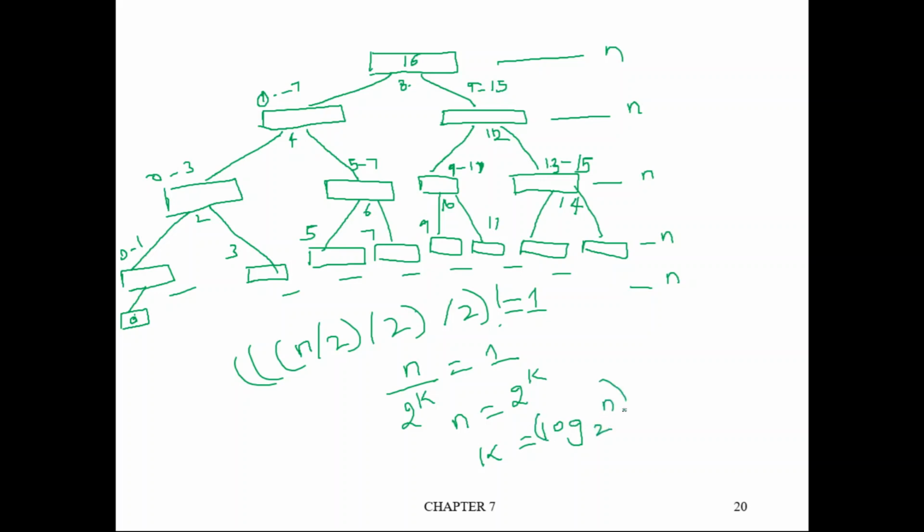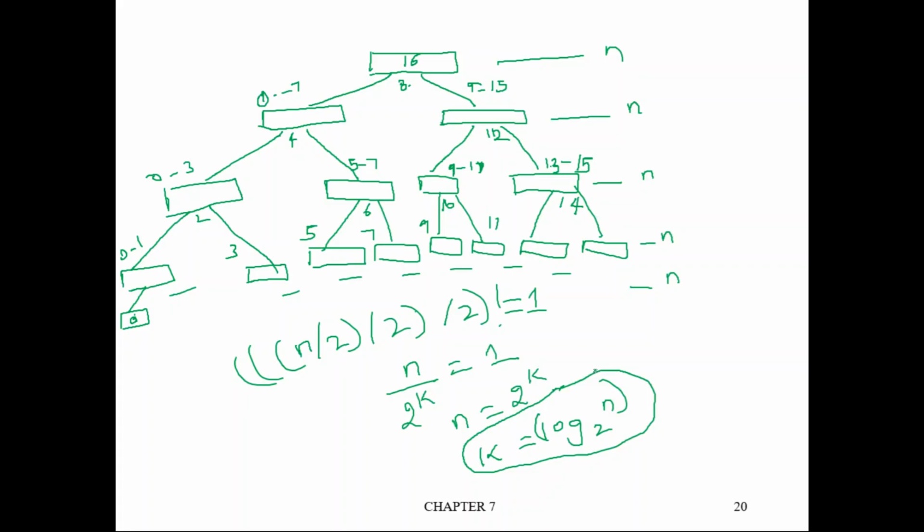If you represent it as a binary tree, since at every level it is partitioned into 2, then if there are n elements, the tree will have log n to the base 2 levels. Is it clear?